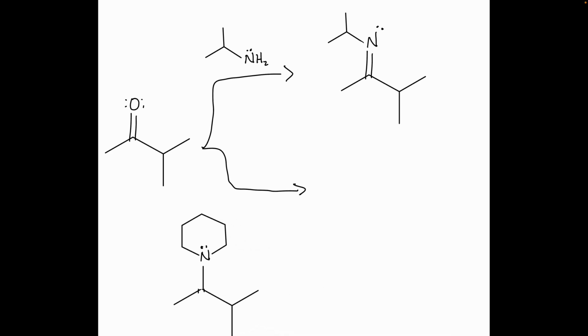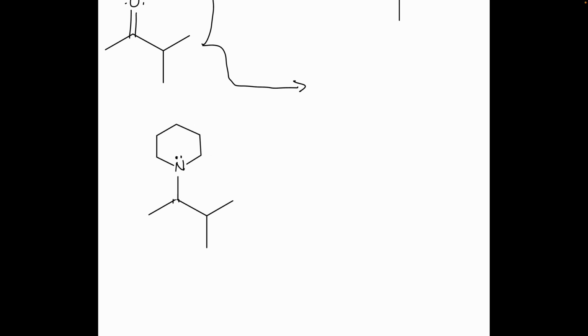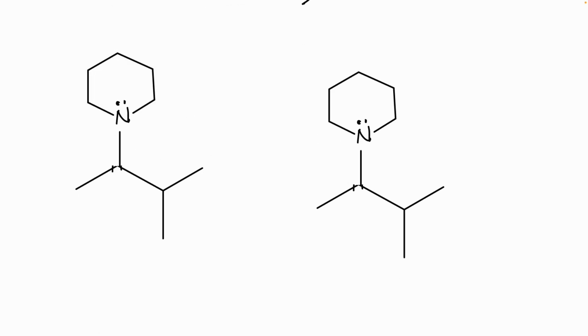So let's draw our two possibilities and see if we can figure out which one should be our product here. I have two neighboring carbons, so I can either have the double bond on the left, or the other one will have the double bond formed on the right.